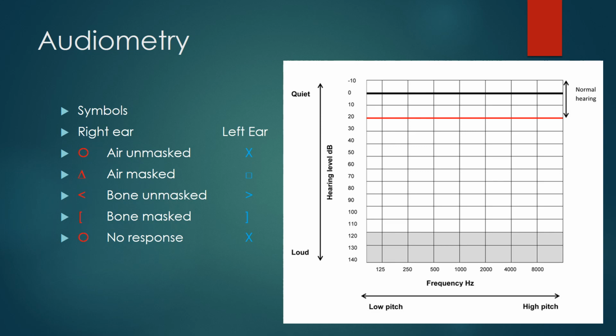So far we've talked about the role of the external and middle ear and the way that they conduct sound waves through the mechanisms of hearing. And we've also talked about the inner ear and how the cochlea is the sensory organ that converts those sound waves into a neurological signal.